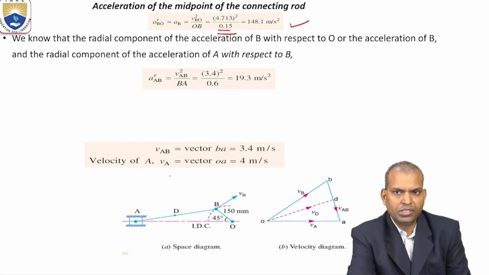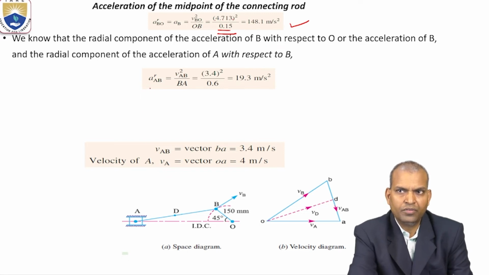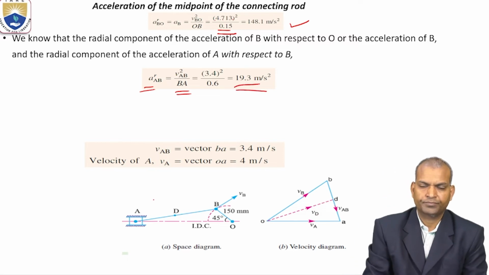What are the radial components of the connecting rod? The radial acceleration of the connecting rod, AR of AB, equals V squared AB by BA: 3.4 meters per second whole squared by 0.6, that is 19.3 meters per second squared.